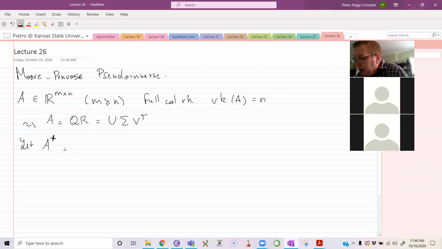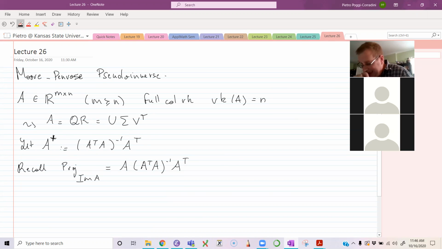So it's the following formula: A transpose A inverse A transpose. Remember, the projection onto the image of A was given by A times A transpose A inverse A transpose, right? So in these notations, it would become like this, A plus.